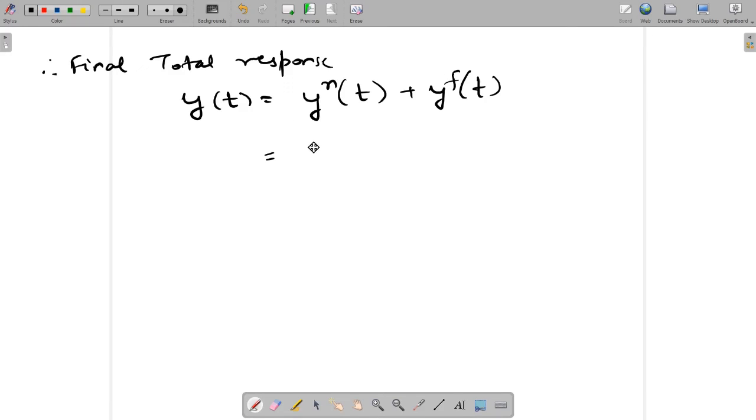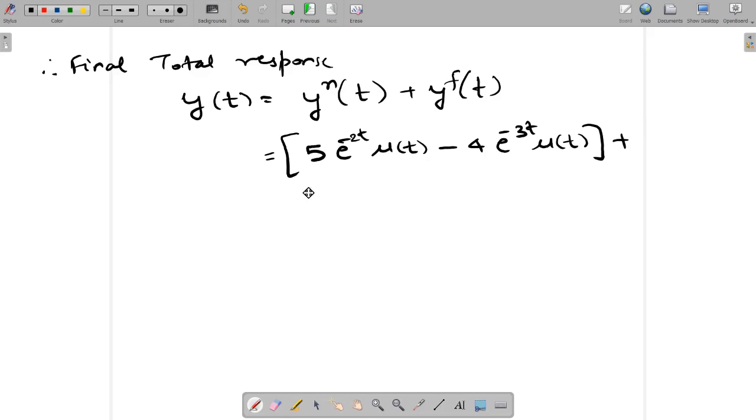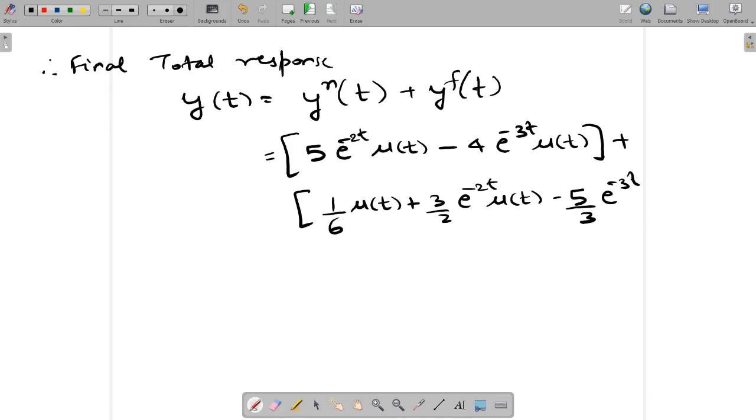That is equal to 5 e raised to minus 2t u of t minus 4 e raised to minus 3t u of t plus the forced response, 1 by 6 u of t plus 3 by 2 e raised to minus 2t u of t minus 5 by 3 e raised to minus 3t u of t.